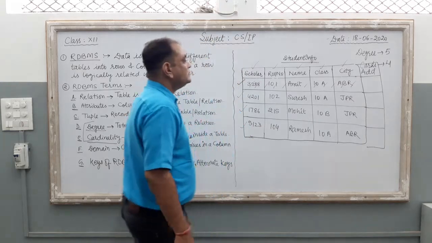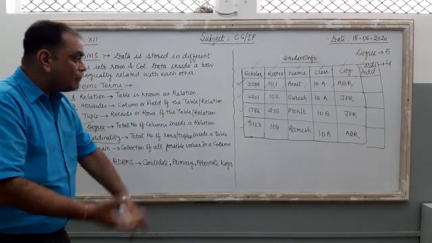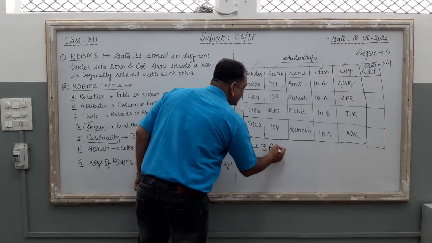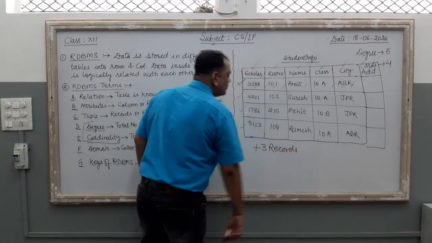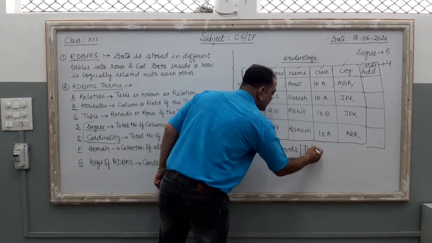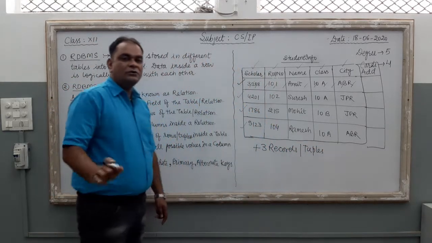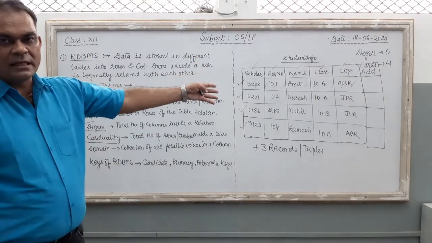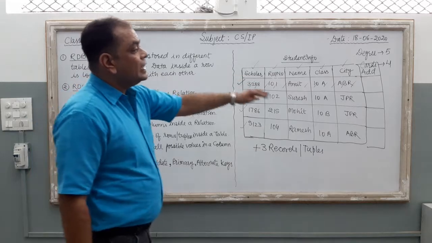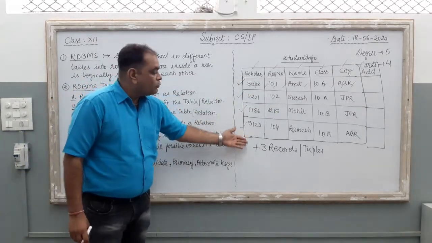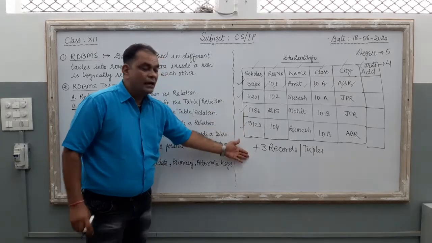Clear? Next one. What will happen if I add 3 more records in this table? Plus 3 records, or we can say I am going to add 3 more tuples. Now just count the cardinality. The degree will not change, it remains the same. Now what is the cardinality? 4 records are already there. I am going to add 3 more records. 4 plus 3 is 7.